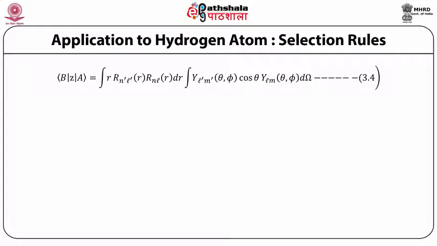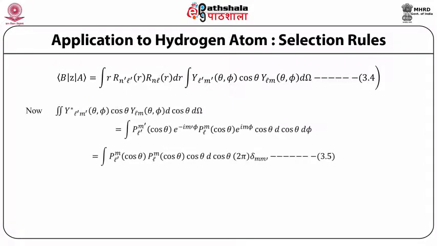Y L prime m prime comes from the final state and Y L m comes from the initial state, and cosine theta is the term that comes from the z coordinate r cosine theta. Now, the integral of Y star L prime m prime into cosine theta into Y L m d omega, this is what this becomes.